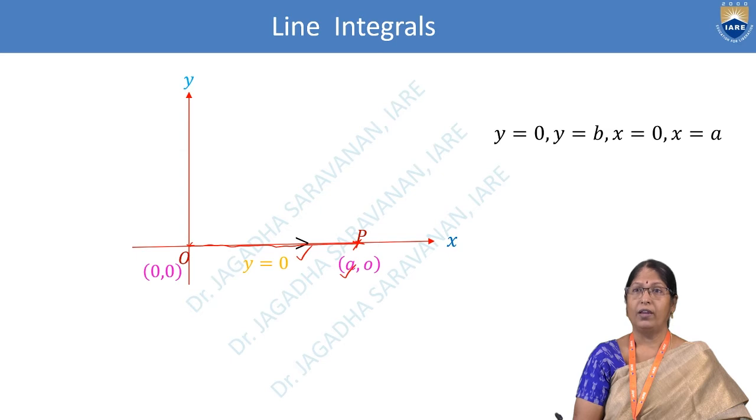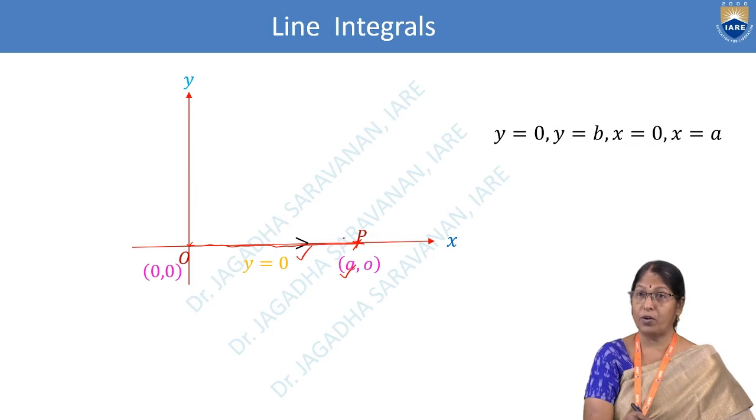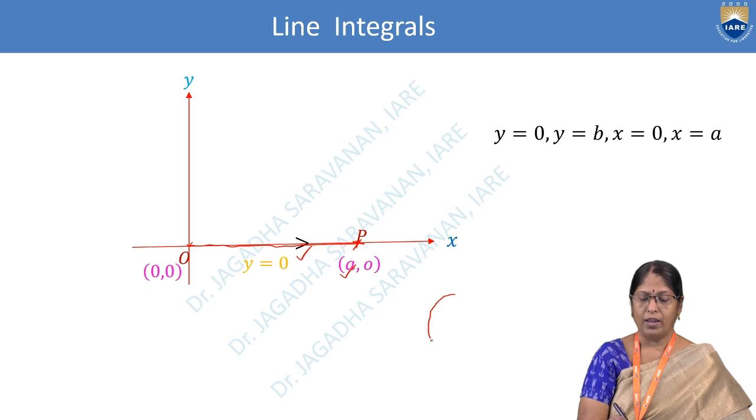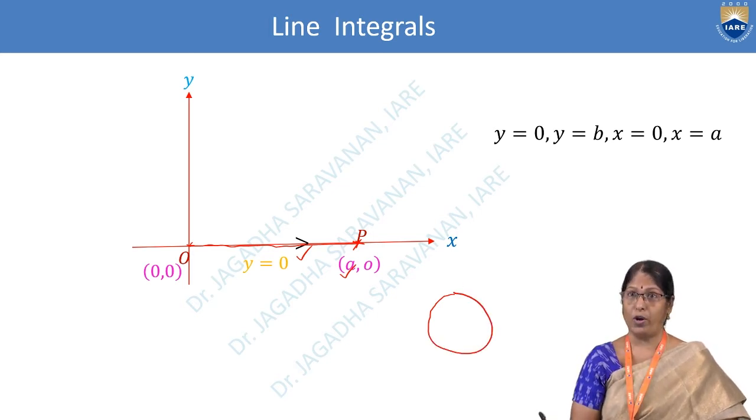From here, it is going to move. It is not going to come back, because it is a closed curve. In a closed curve, a point starts, it moves, and it will coincide with the starting point.